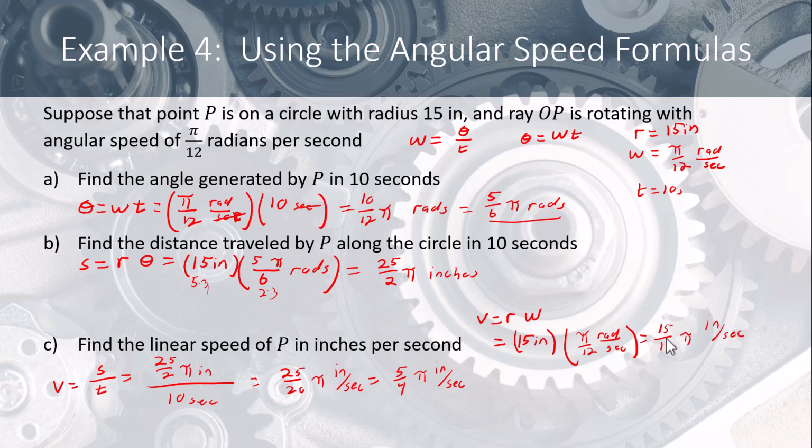Notice we have a common factor of 3, and when we take those 3s out of the numerator and denominator, we once again have 5 divided by 4 pi inches per second. So it does indeed work out the way we would expect.